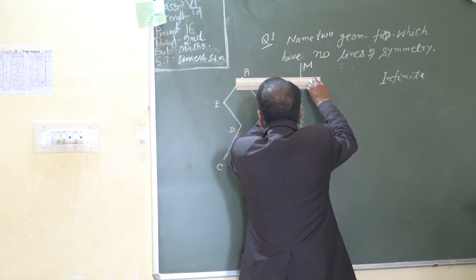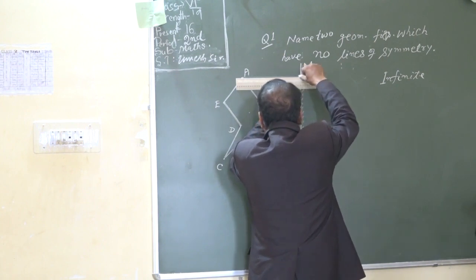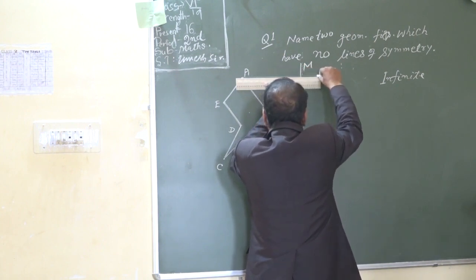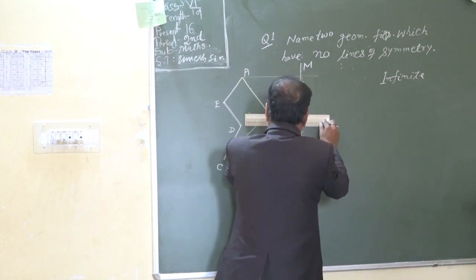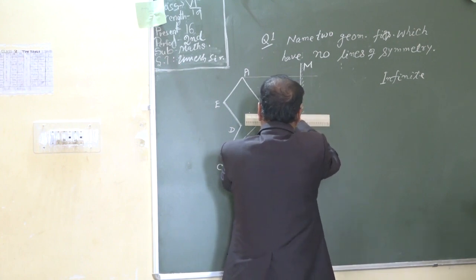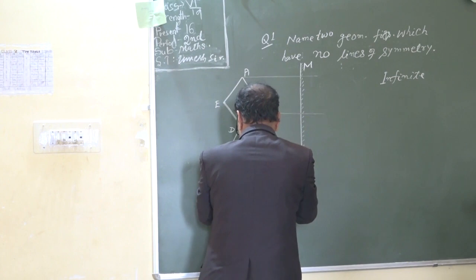So you draw one line like this, very light lines, not the deep lines. So first you draw the horizontal lines from every point.